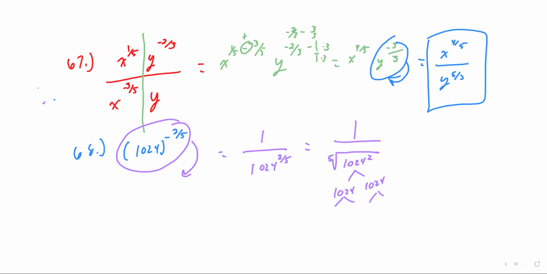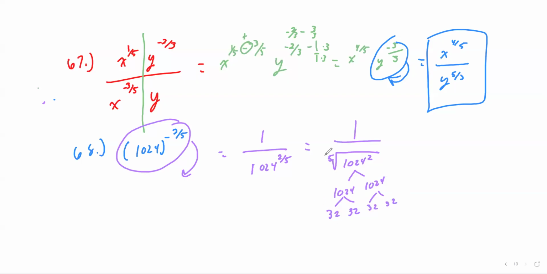If I had to guess, 30 squared is 900. 32 maybe? Oh, I love that. All right, so 32 times 32 is 1,024.